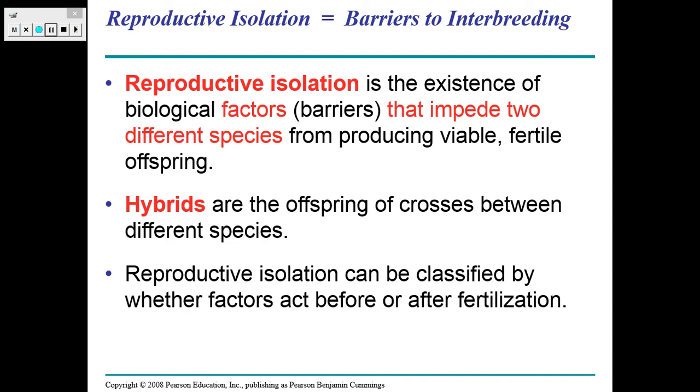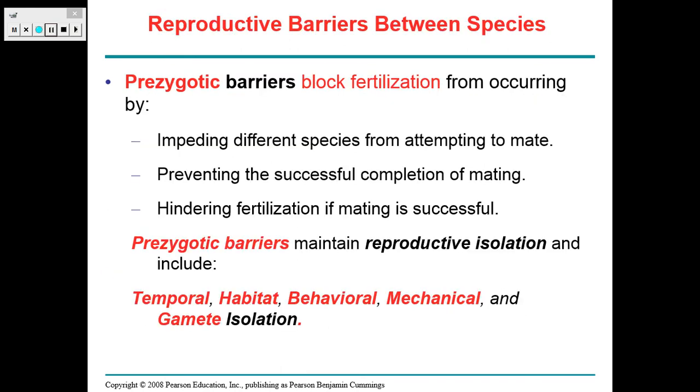Reproductive isolation is classified by whether it happens before or after fertilization. So we have several different types of barriers that can prevent this crossbreeding and the production of hybrids. We have pre-zygotic barriers, which prevent fertilization before the formation of the zygote. Remember, pre means before, zygotic referring to zygote.